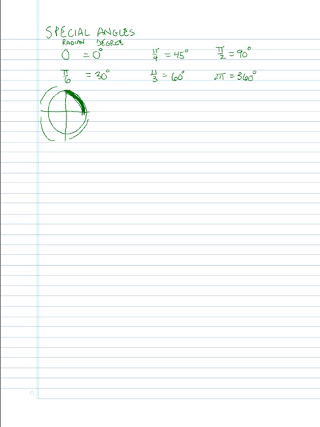So it's very important that we learn about the angles in the first quadrant. So the angles 0, pi over 6, pi over 4, pi over 3, and pi over 2 become very critical to learn everything we can about them. Very critical.